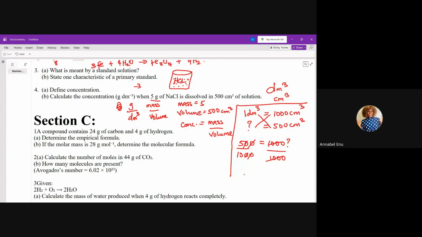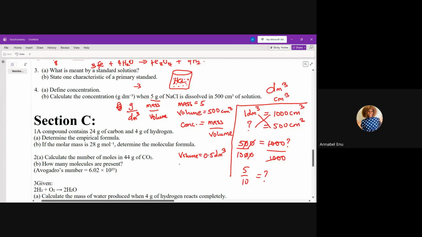It's now 5 divided by 10 is equal to the unknown, which is 0.5. So we have now gotten our proper volume. Our proper volume is not 500 centimeters cube, but 0.5 dm cube.